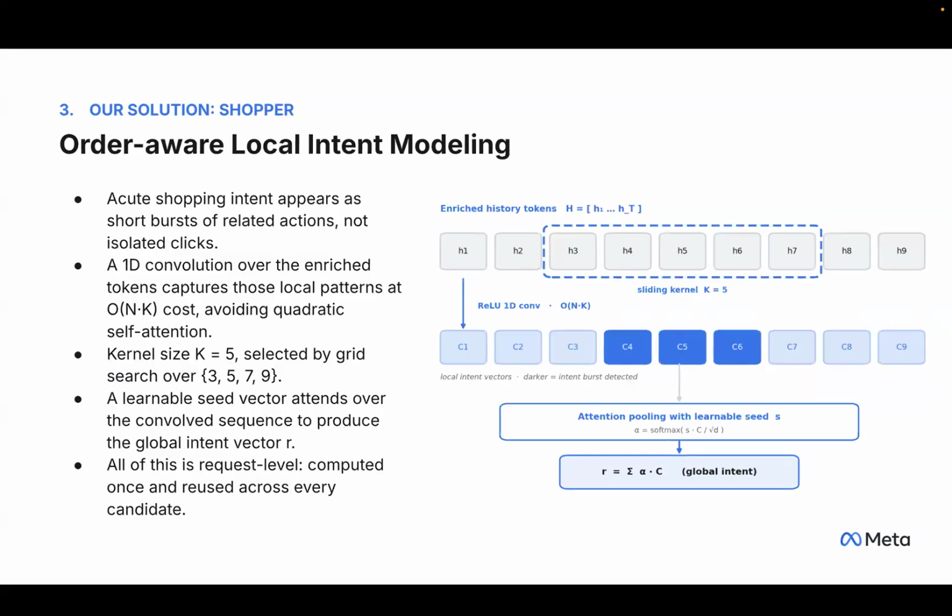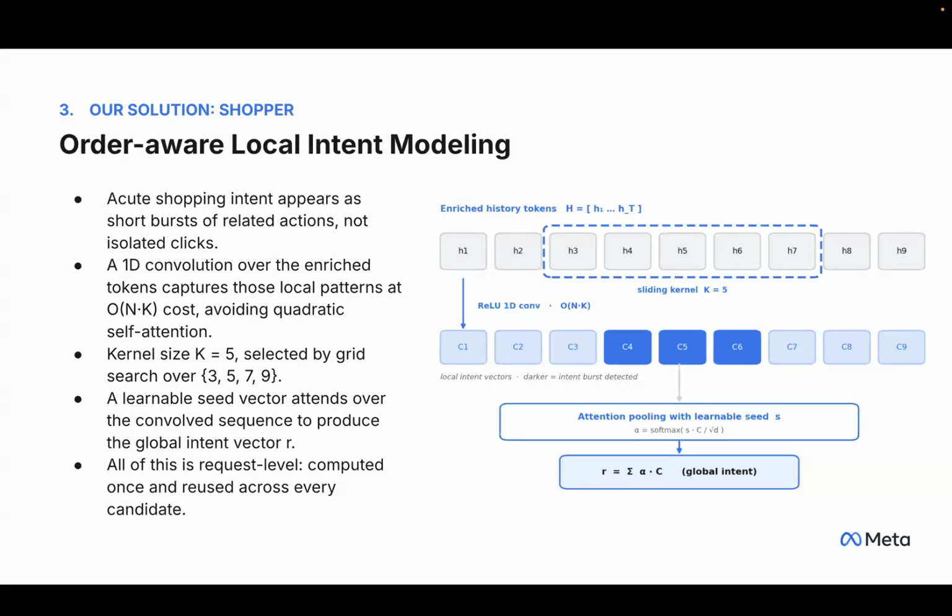Second, we have an order-aware local intent modeling. Acute shopping intent appears as short bursts of related actions and not isolated clicks. We therefore use a 1D convolution over the enriched tokens to capture the local pattern.